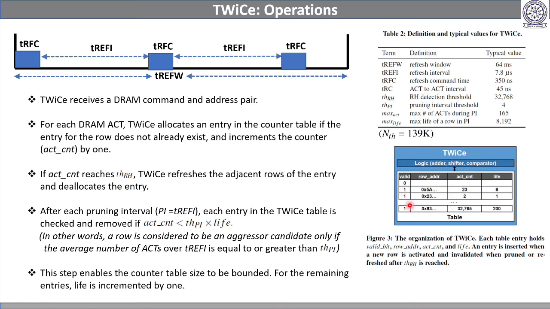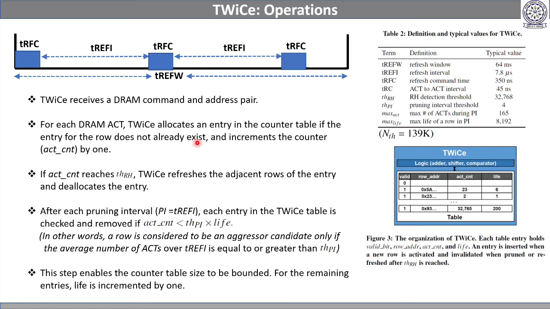Here you can see there is a value 0 in the invalid bit, that means this row is free, so you can easily enter a new entry here. Every time a new activation command comes to TWiCe, it will enter a new entry here, and the activation count will be set as 1. And if an activation command comes for the existing rows in this table, then only these activation values will be incremented. So this part is clear, I think.